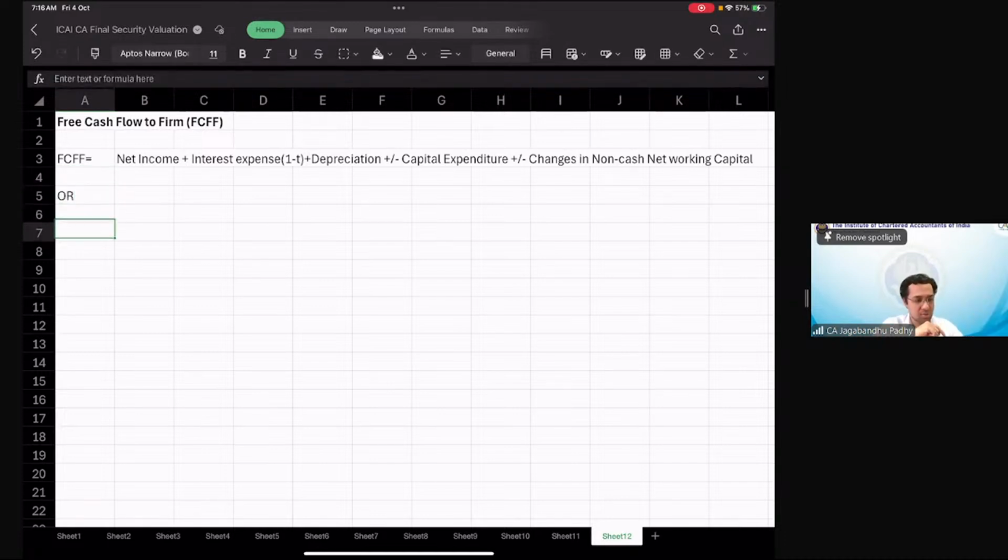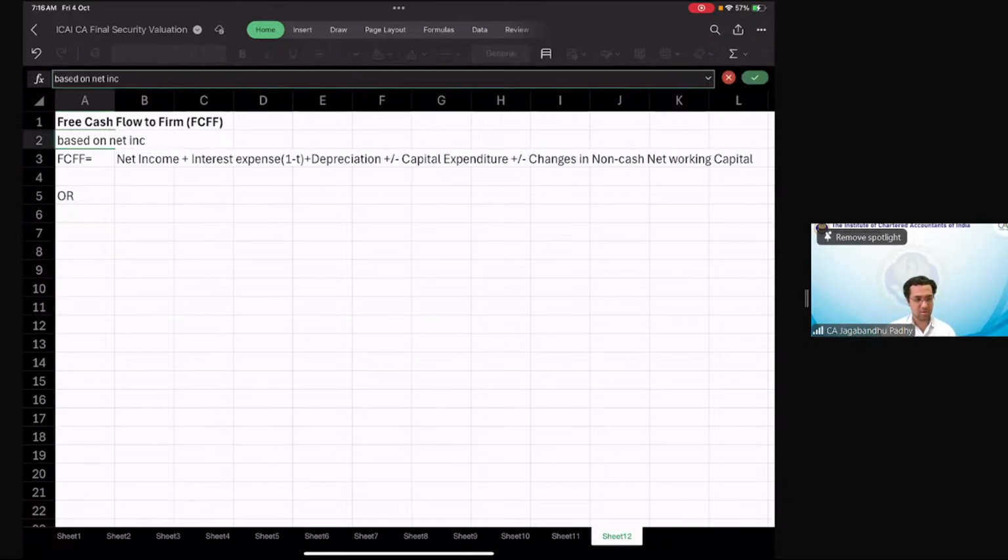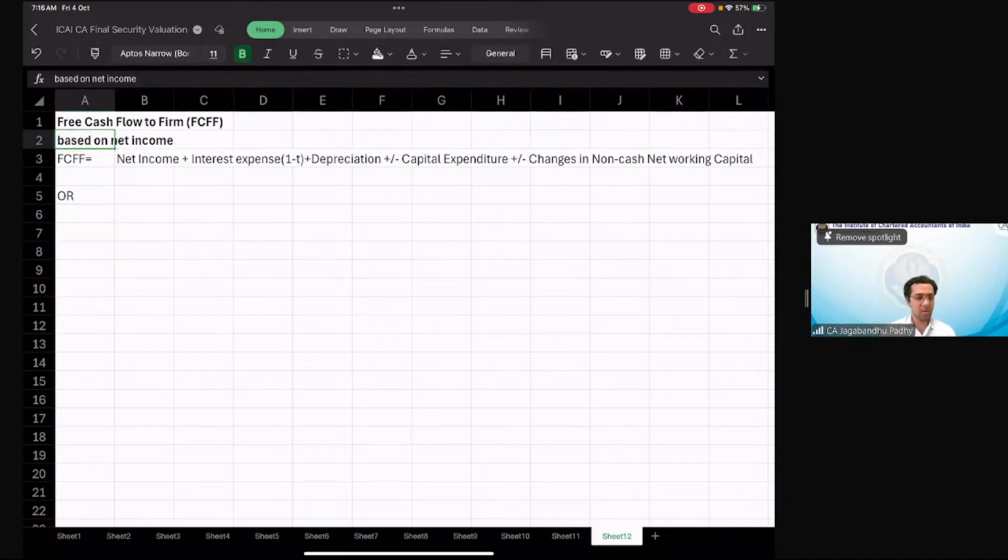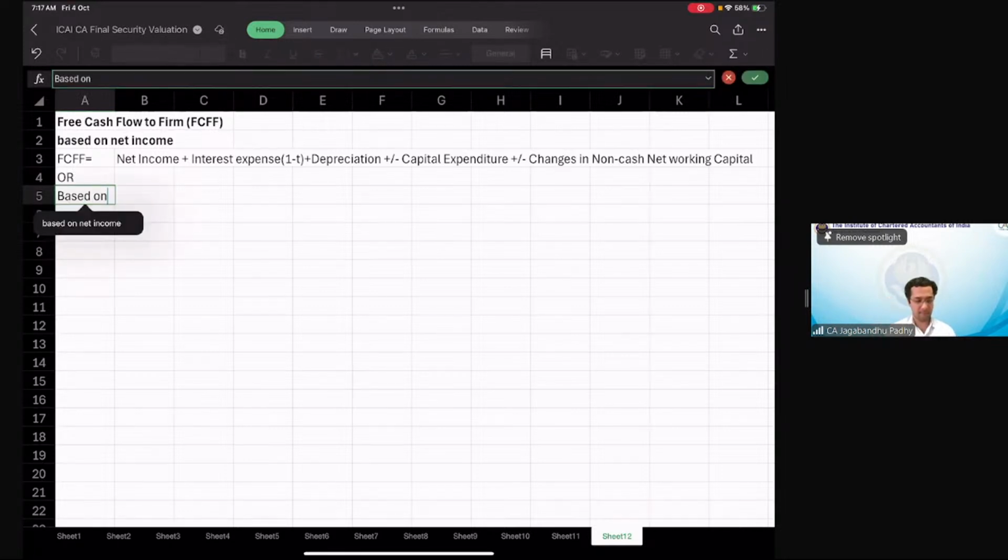Now this was based on net income. Similarly, we may have free cash flow for the firm calculation based on operating income or earnings before interest and tax.